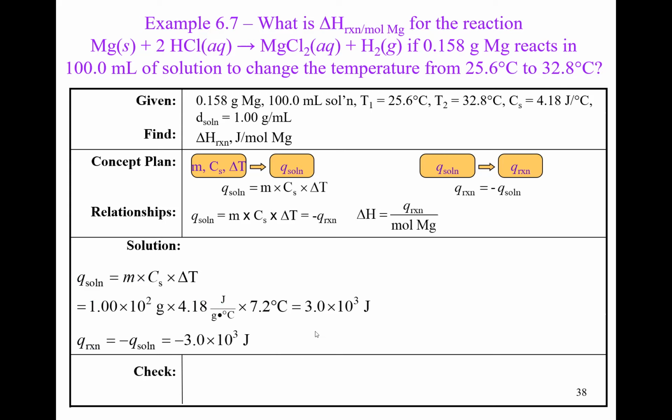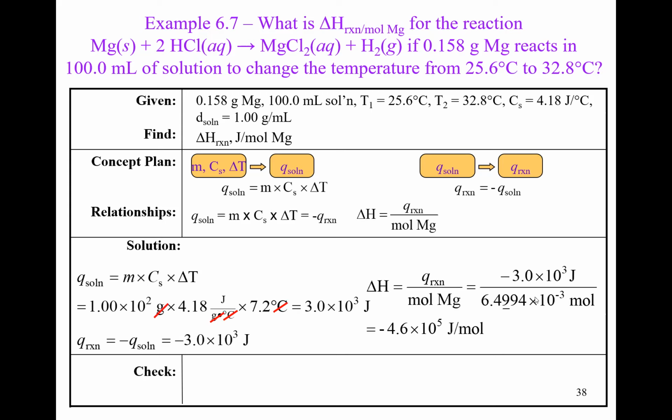All of our units cancel. They rounded it off here, but 3 times 10 to the third joules. It's positive as measured, so since it came from the reaction, it should be negative. But another one where we inherently know that it's negative, right? If the temperature went up, that means the reaction gave off the heat. So the last step there then is just to divide the two, right?